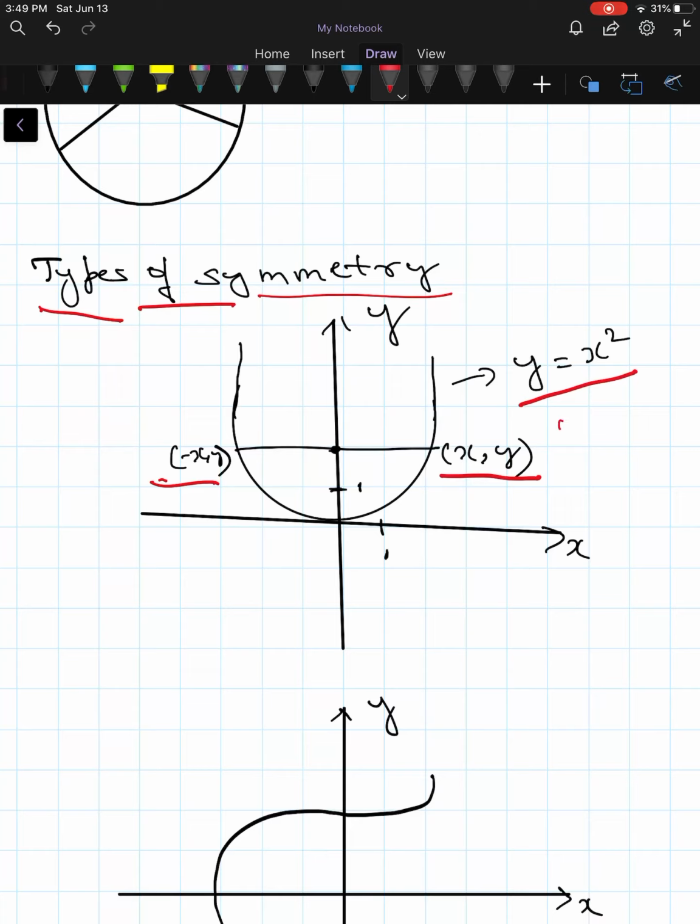Let us see: y = (-x)² is nothing but x² again. So (-x, y) is also on the graph, and you have the mirror image of (x, y) on the other side of the y-axis. Therefore this kind of symmetry is said to be symmetric with respect to the y-axis.